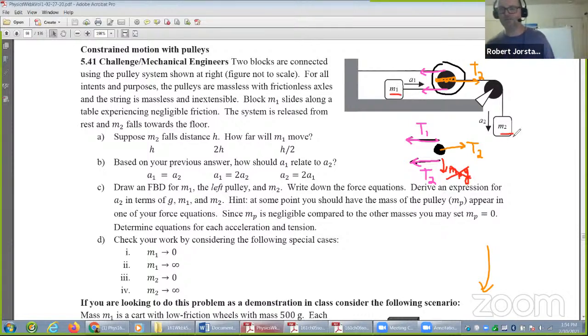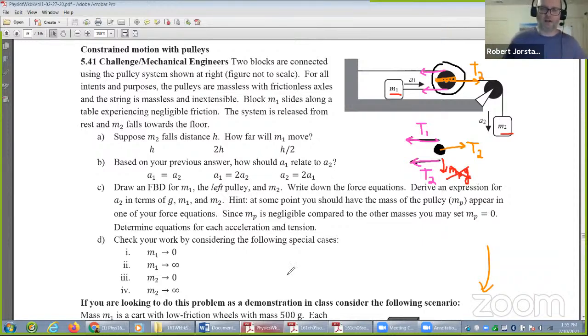If M1 and M2 are really big compared to the mass of the pulley, this actually works out. And so with about 2 kilograms for M1 and 0.25 kilograms for M2, the pulley's mass is totally negligible. So this is a feasible problem. I normally do this in lab, in lecture all the time.